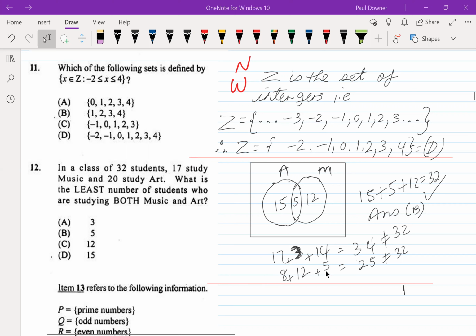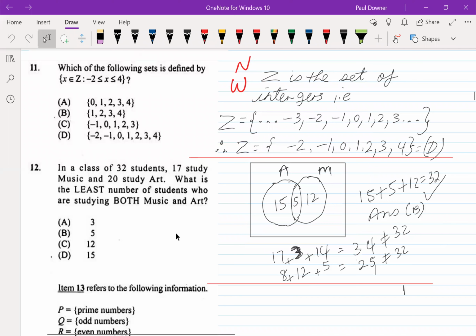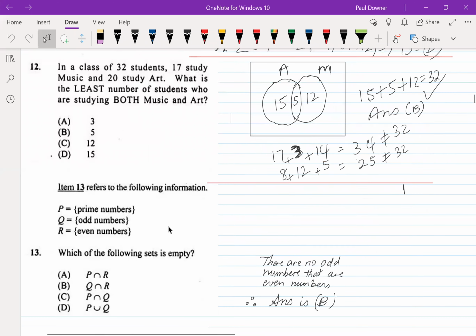So 12 and 5 would make 17. If we add up all now, 8 and 12 is 20, and 5 is 25, and that's not equal to 32. So even just trying to see what would happen, it's still not adding up to 32. So by all means, 5 is the answer you're looking for. All right, so that's why we chose answer B. The answer therefore is B.